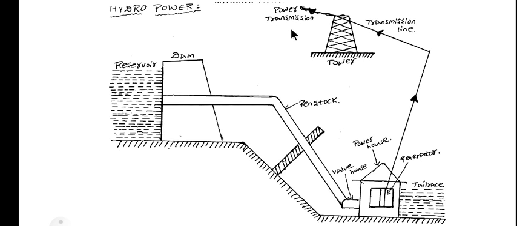The stations are nothing but, in Karnataka, we have KEB, Karnataka Electricity Board. They have a station where it consists of a transformer. Transformer is going to increase the voltage to the required level. Further that power can be transmitted to the residential or for the commercial application.